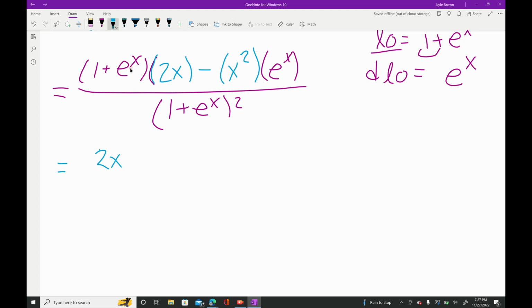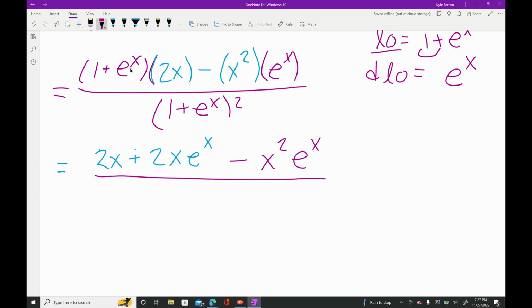And then e to the x times 2x is going to be 2x e to the x. And then we're going to have that minus x squared e to the x. We're going to have all of this over 1 plus e to the x.